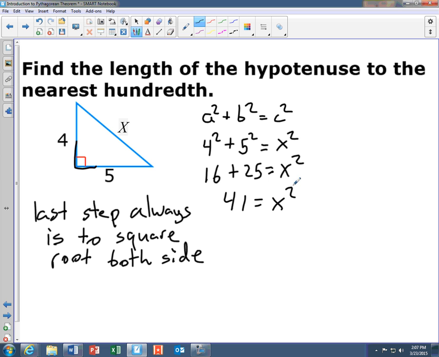To get rid of this x squared, I have to take the square root of that. That gets rid of the squared. But if I take the square root of that side, I got to take the square root of this side. So this becomes x, and now I got to figure out what the square root of 41 is.